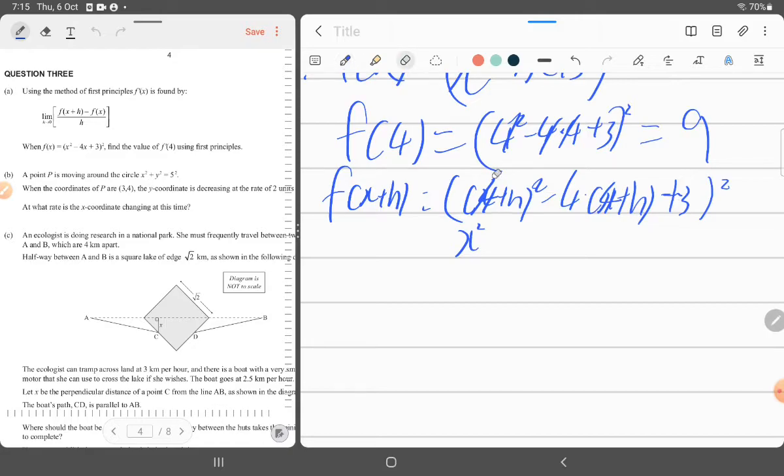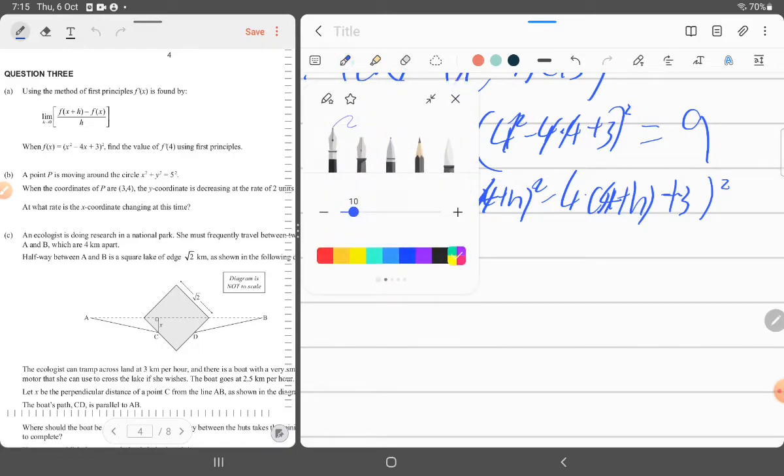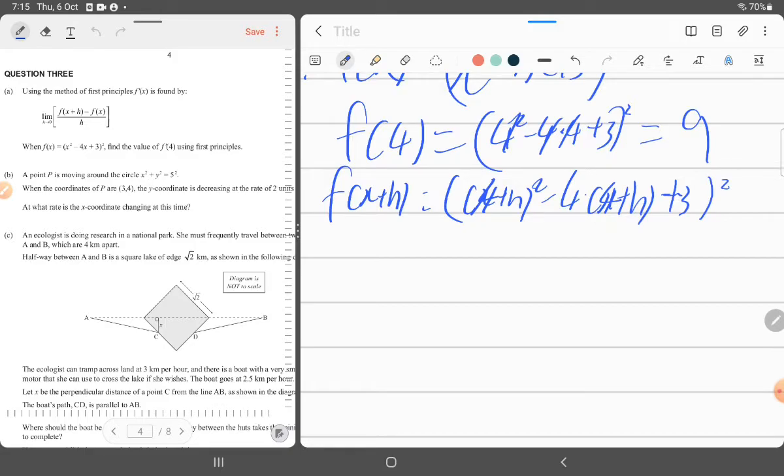So this is 4, this is 4. 4 plus h squared, plus 8h, plus 16, take away 16, take away 4h plus 3 all squared, which is h squared.